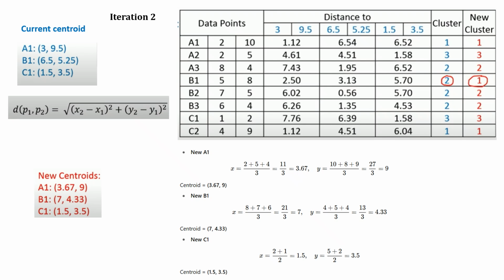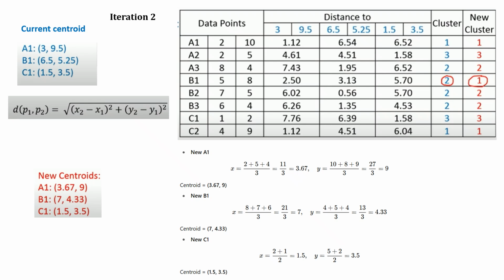So those new centroid values will be filled over here. Again, we are going to calculate the distance by using the Euclidean distance formula. After filling the data, the cluster will be the new cluster from the previous slide.